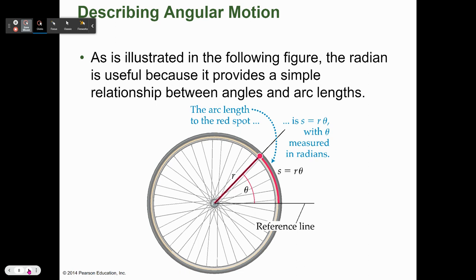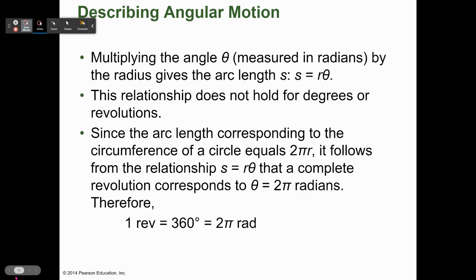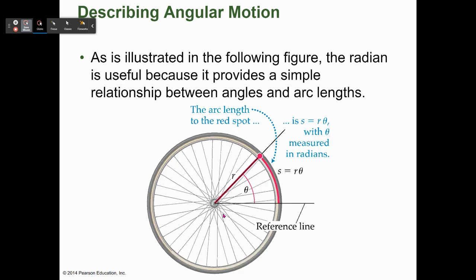All right. So back to our spot on a bicycle tire example. The radian is useful because it makes things simple and it gives us a very clear relationship between the angle and the arc length. And that's what we need to make sure that we understand. That when we use radians, that gives us a relationship between the angle theta and the arc length.